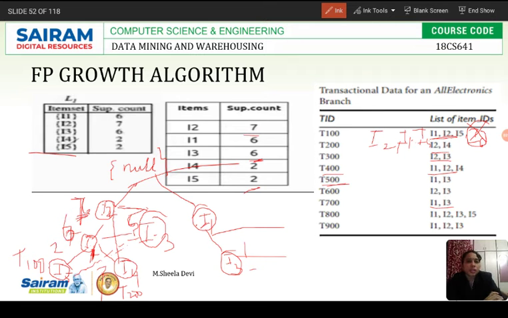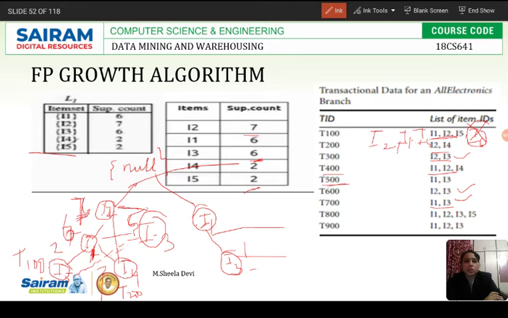Okay. Next, I1 is directly connected to I3, we are done. Then I2 is directly connected to I3, that is already there because we have done it here. Then I1 to I3, again we have already done.